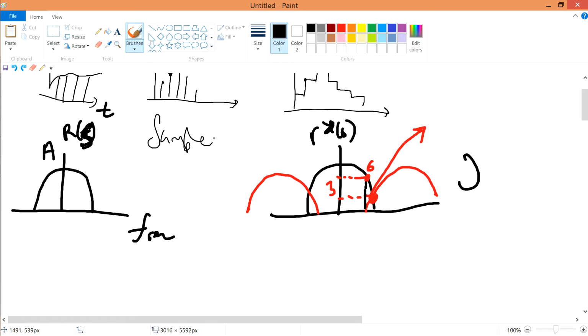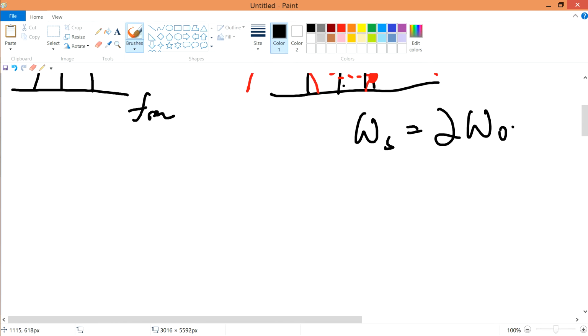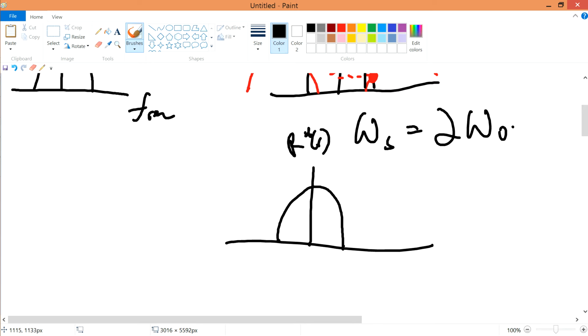If you still remember, our sampling frequency has to be equal to 2 times your omega naught, your original frequency. If that is the case, your graph will look something like this for your R star S. You have this original signal, just nice, they don't cross, all along like this, all the way to minus infinity.